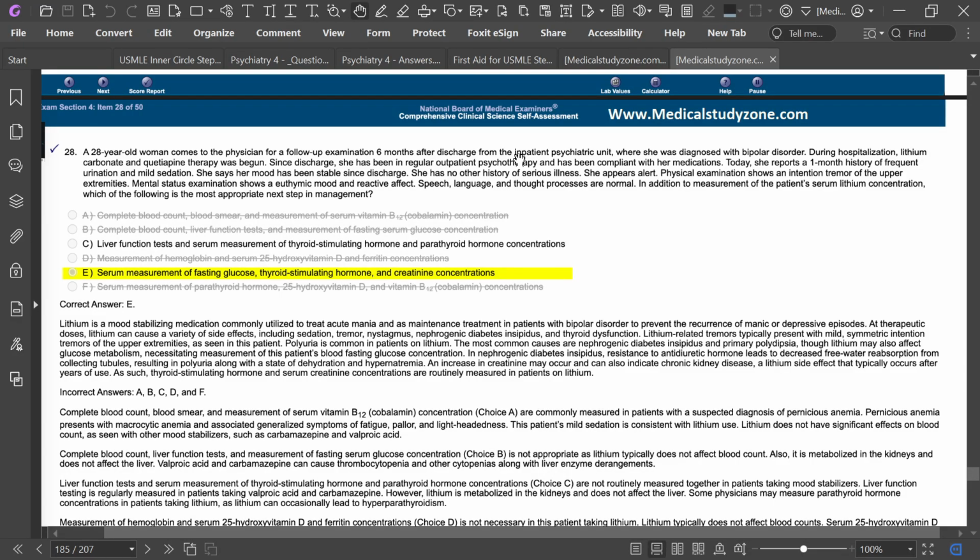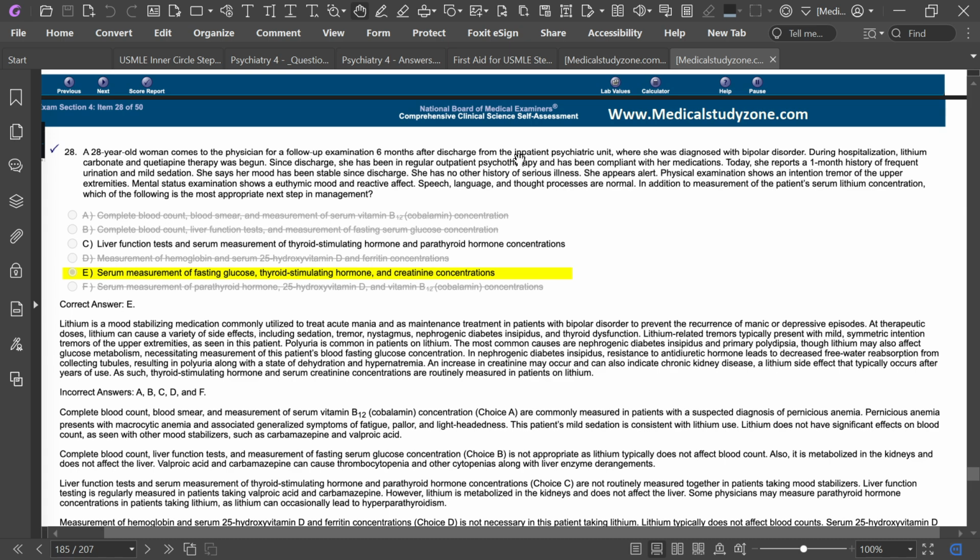In nephrogenic diabetes insipidus, resistance to antidiuretic hormone leads to decreased free water reabsorption from collecting tubules, resulting in polyuria along with a state of dehydration and hypernatremia.